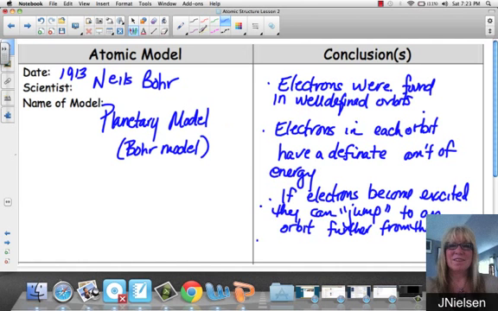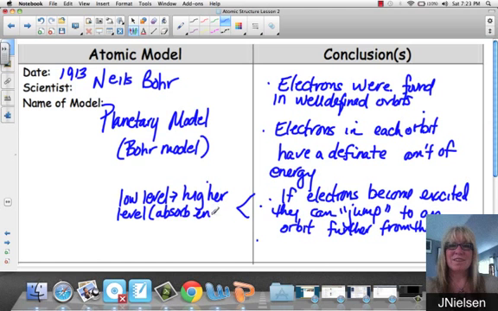And we're going to learn this in a little bit more detail, but when this happens, when they're jumping basically from a low level to a higher level, they absorb energy. So in order to make that quantum jump, they have to absorb energy.